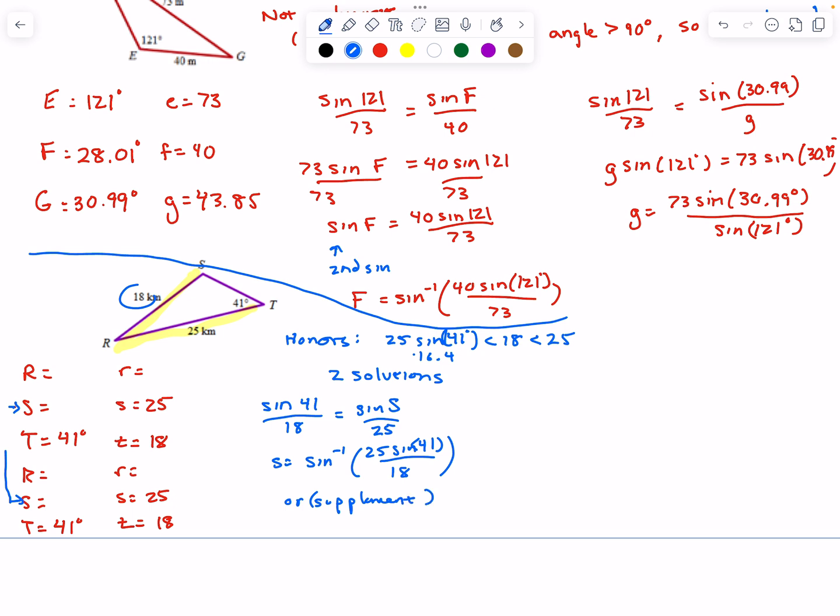Okay, so S is going to be 65.67 degrees or 114.33 degrees.